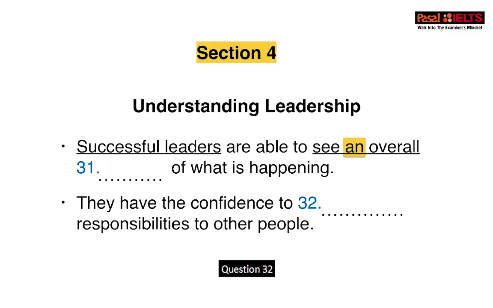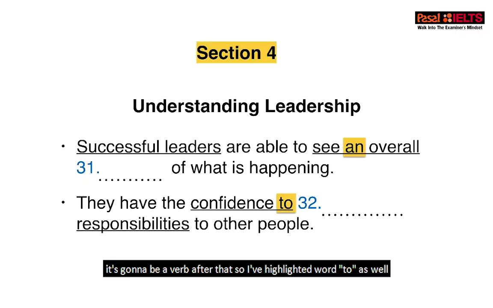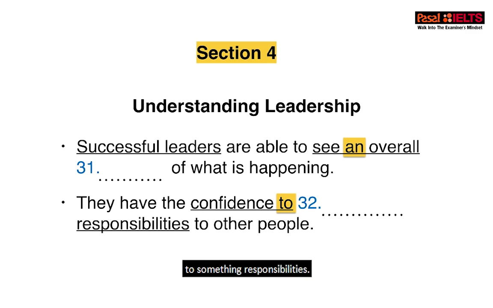Question 32. They have the confidence to something, responsibilities to other people. And I'll underline confidence to. It's going to be a verb after that, so I've highlighted the word to as well. To something, responsibilities. Okay, so now I'll read the transcript of this recording and see if you can put the 2 correct words in those gaps.